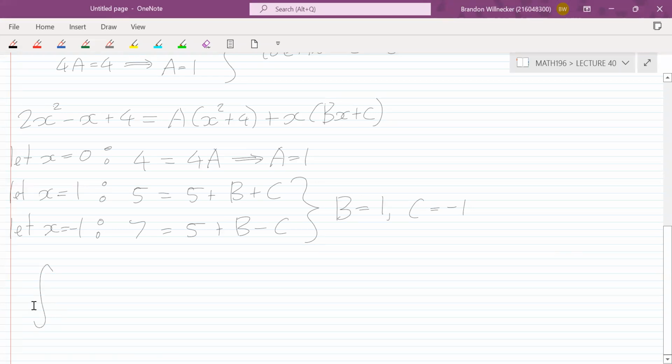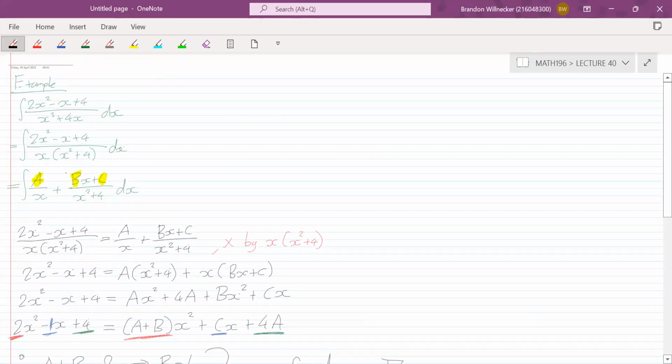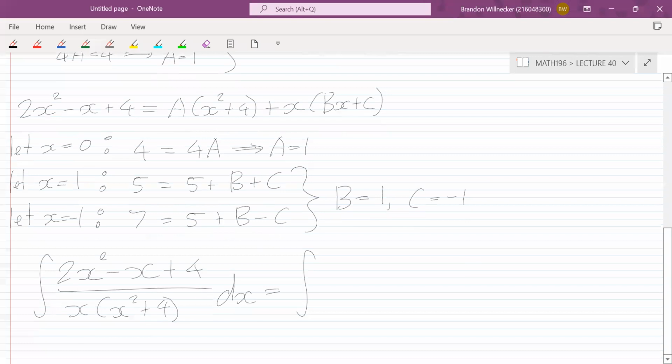So we have the integral of 2x squared minus x plus 4 over x times x squared plus 4 dx, and we expanded it out over here, it's A over x plus Bx plus C over x squared plus 4. So let's just substitute what we know. A is 1, so it's going to be 1 over x plus x minus 1 over x squared plus 4.